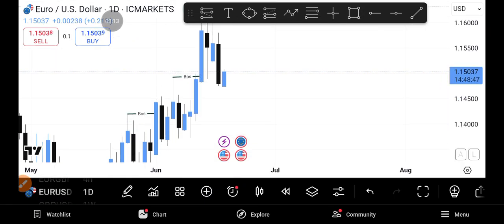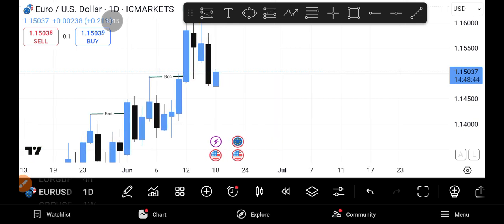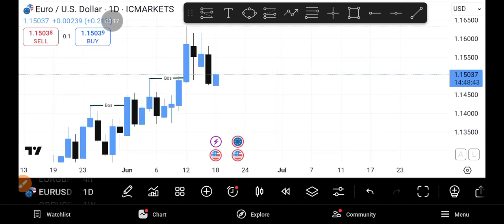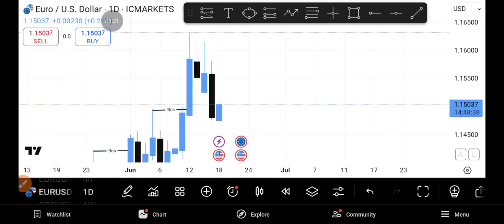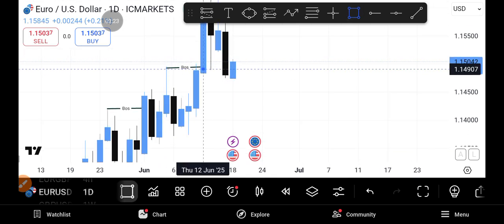Another break of structure. Now, on our daily time frame, this is the first key zone here.